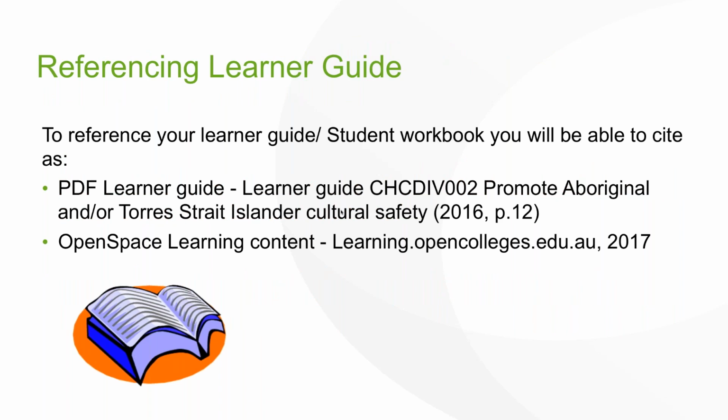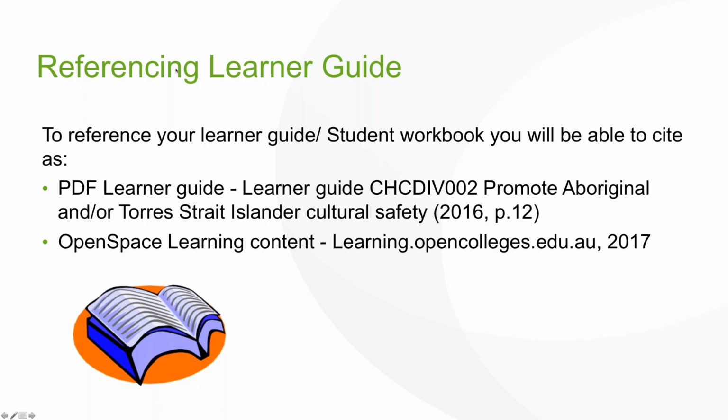When it comes to your learner guide or your student workbook or the textbook, you can actually reference this information into your assessments. Some students don't know how to do that properly. At times they might just say open colleges and this is the year, so 2017, if they were doing their assessments this year. If you are using a PDF learner guide, here's an example.